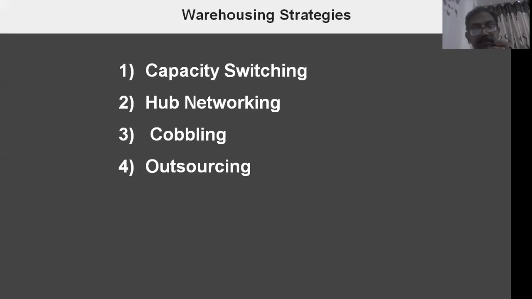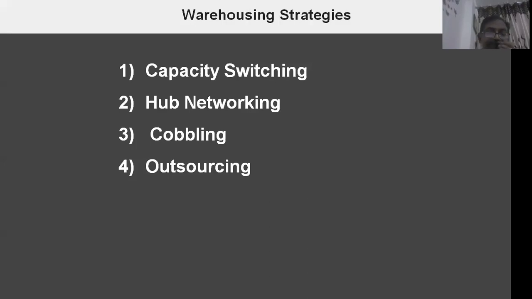So Johnson and Johnson and Hindustan Lever can use the same warehouse. This way, the same facility can be used by two, three companies if they are not competing with each other and they are serving the same segment. So this strategy can be used.